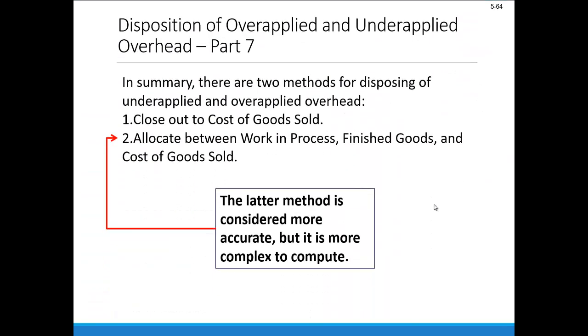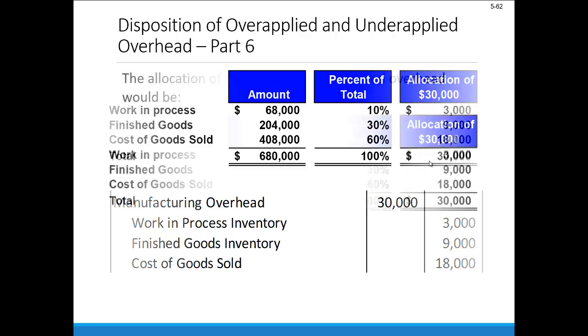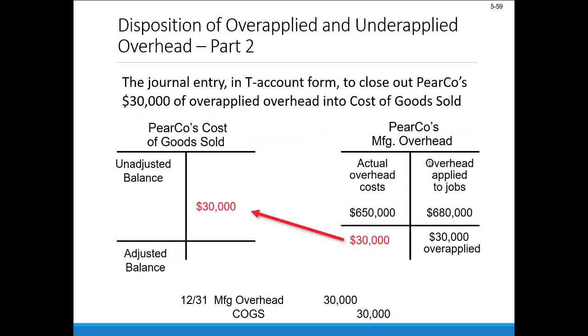So to wrap this up real quick, there are the two methods: closing out either directly and entirely to cost of goods sold, or allocating between work in process, finished goods, and cost of goods sold, those other sources, if you will, of manufacturing overhead costs during the period. Bottom line is, we want to make sure we do whatever we need to get the overhead account to zero. If we think about the T account, again, actual overhead is on the debit side, applied overhead on the credit side.